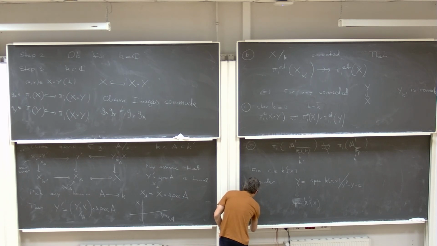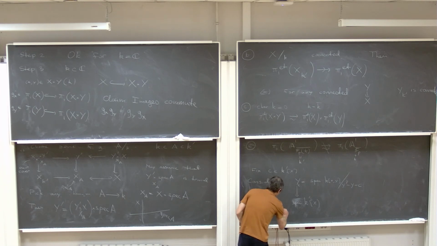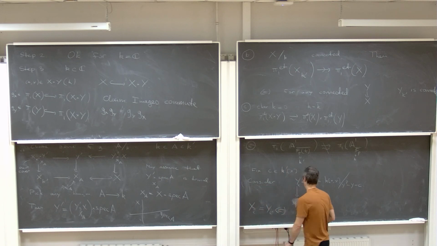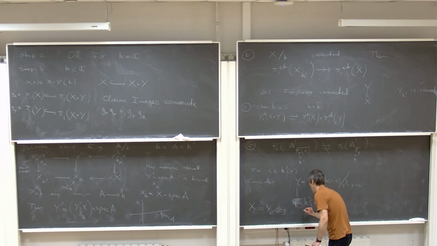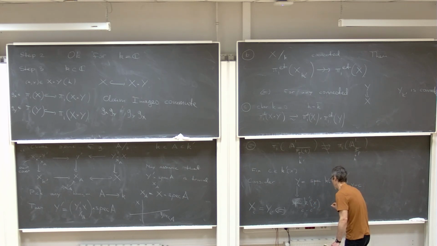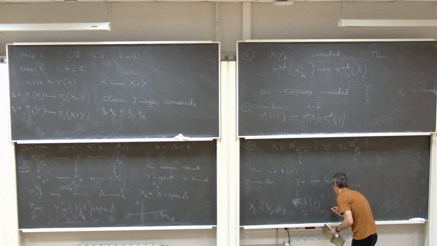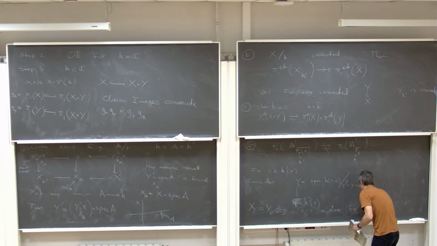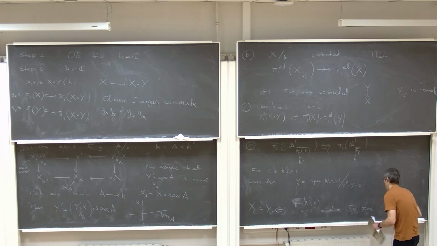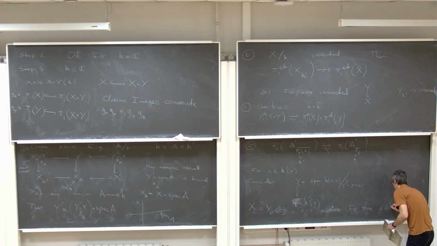And I claim that these two covers are isomorphic if and only if c minus c prime is in the image of the Artin-Schreier map. I will write it explicitly: a to the pth power minus a for some a in K prime of x.